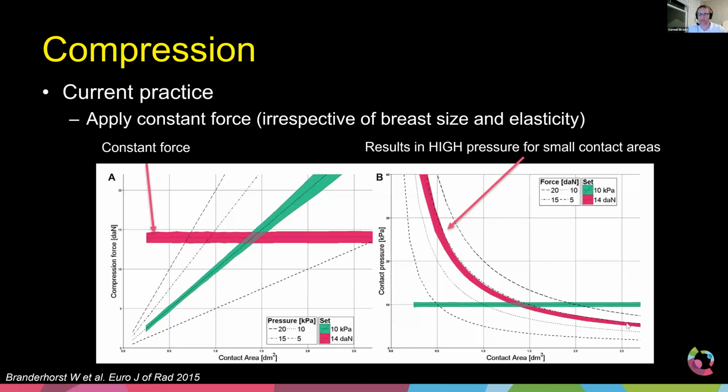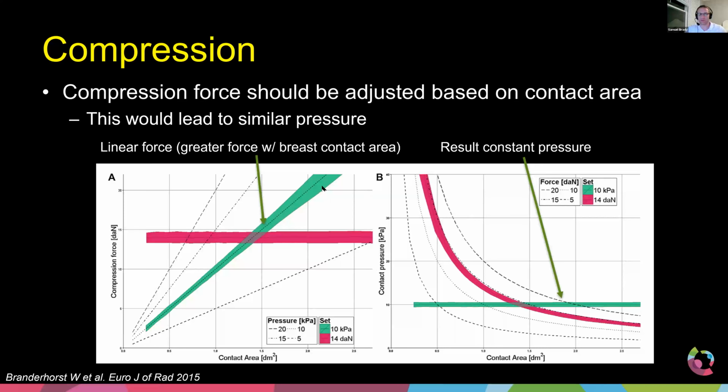And so the whole concept here is to move towards the idea that the system will take into account the actual area of the breast and the density of the breast, and it will apply different force for different people. That's where different forces will give you the same pressure, in other words, the same compression.